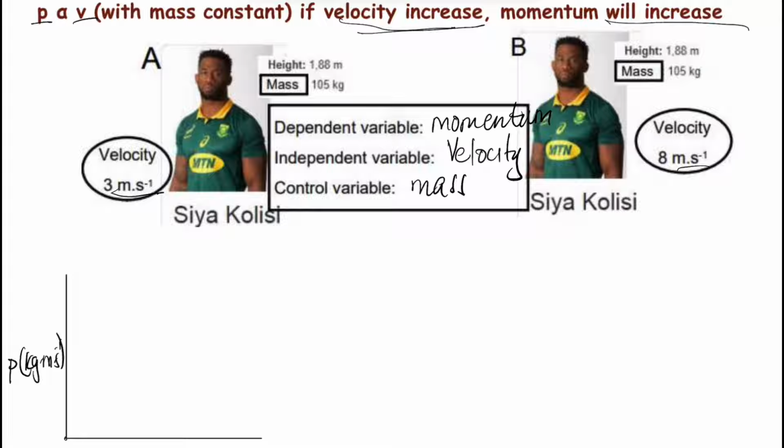Zero velocity, zero momentum. Increase in velocity, increase in momentum. So it's going to be a straight line that cuts through the origin. The graph is going to be like that, guys.